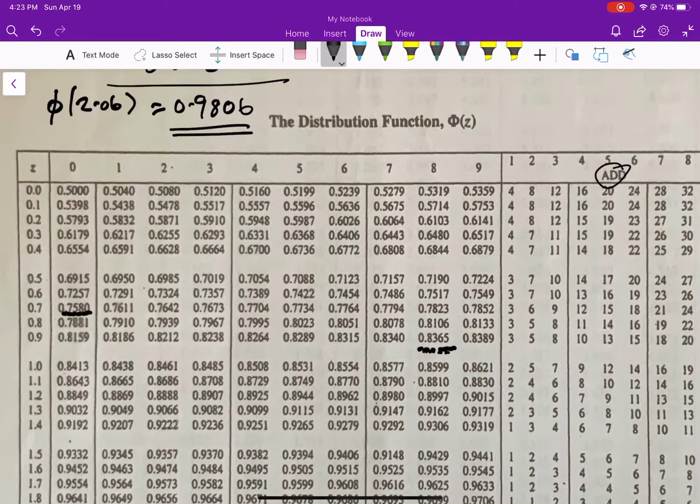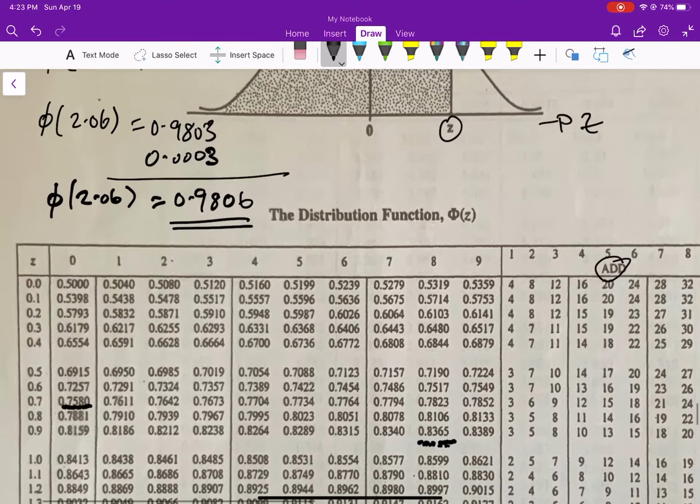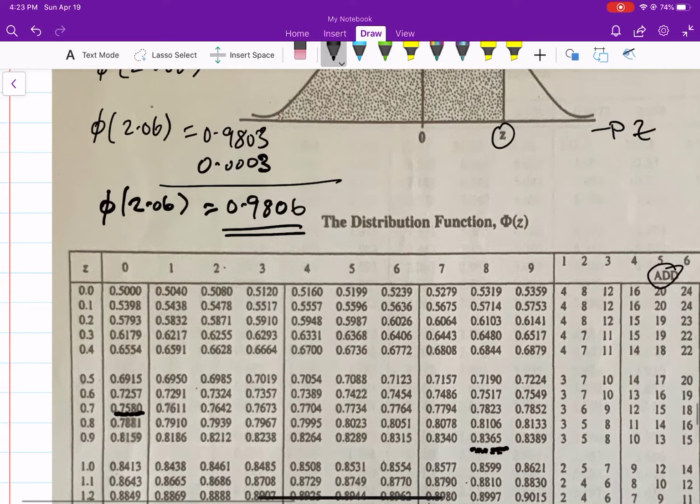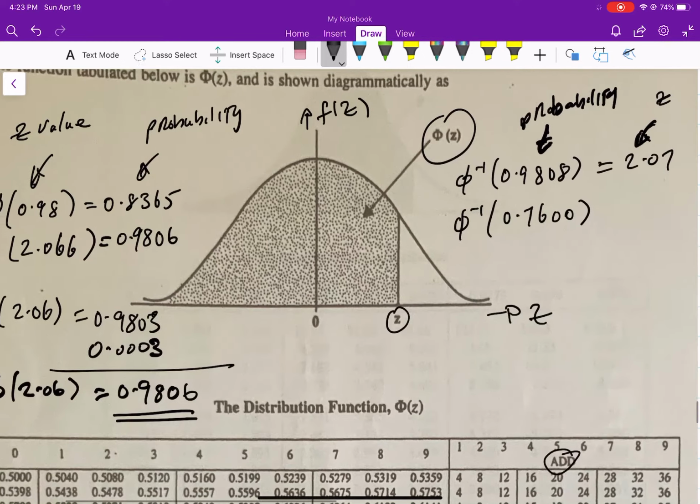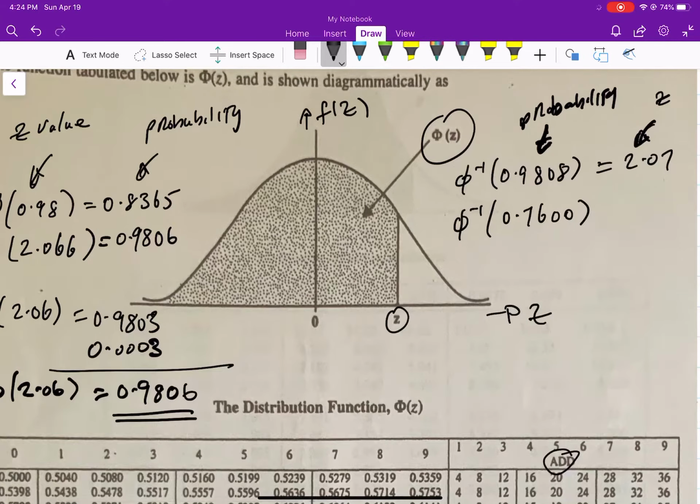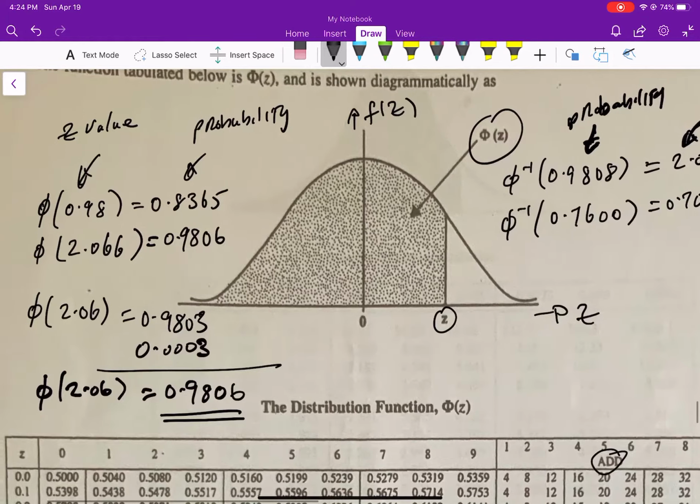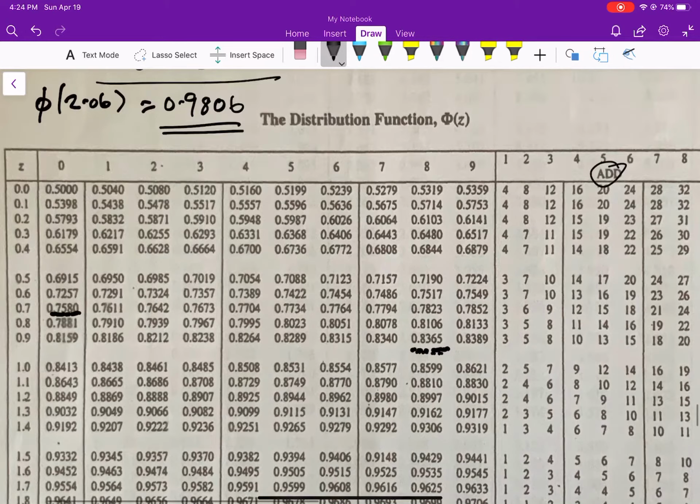Now let's see if I go across. 0.7580 right now is associated with a z value of 0.70, and adding 20. If I go across to the add section, make sure I'm going across in the right row.